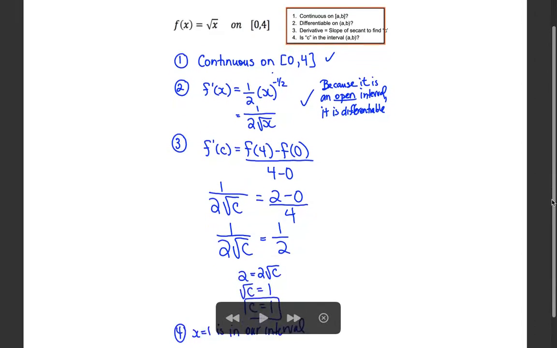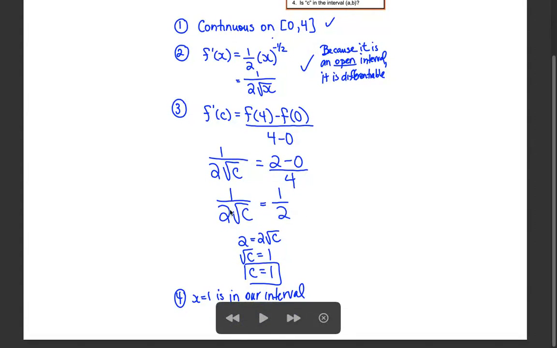So I end up getting 1 over 2 root c equals 1/2. And I just flip them both around, or I cross multiply, however you want to think about it. And when I isolate for c, I get the square root of c is equal to 1. If I square both sides, that means that c is equal to 1 as well.